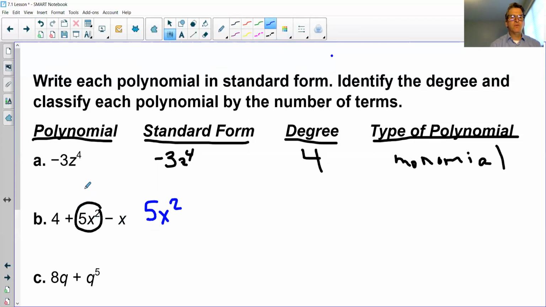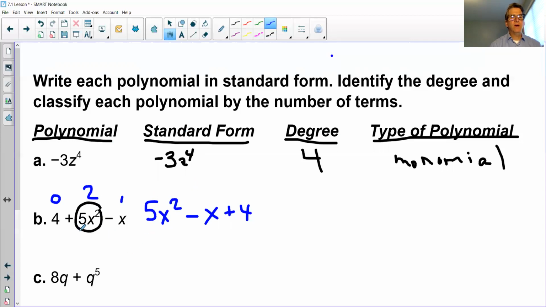This has a degree of 2, this has a degree of 0, and this has a degree of 1. When we write something in standard form, we have the highest degree term first, 5x to the 2nd. Then it's going to go minus x because that has the next highest, and plus 4. So we're rewriting the polynomial in standard form, starting with the highest degree term first.